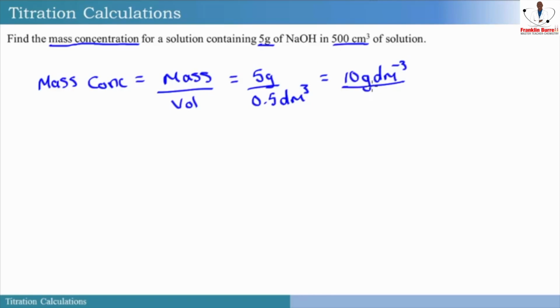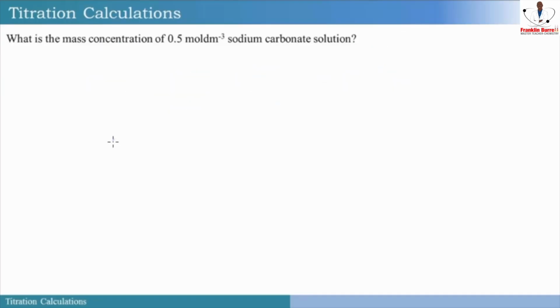So you'll notice here that in order to find mass concentration, I need the mass and I need the volume to give me grams per dm cube. But suppose we were not given the mass. Suppose we were given molar concentration to find the mass concentration. What would we do then? Let's check. In this case, they're asking for the mass concentration, but this time we're given molar concentration. And we know that we're looking at sodium carbonate solution.